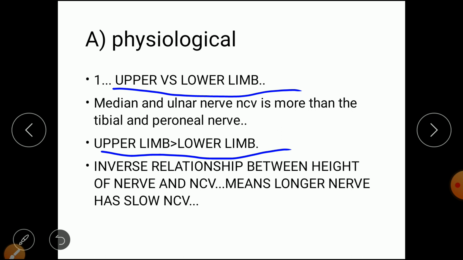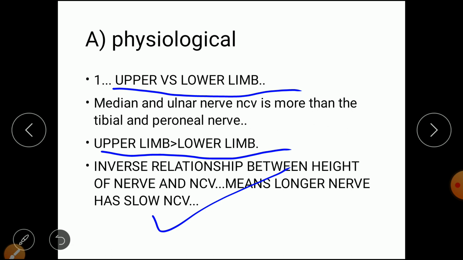There is an inverse relationship between height of nerve and NCV, meaning the longer nerve has slow NCV and the shorter nerve has fast NCV. So this is the inverse relationship between the length of the nerve and NCV.